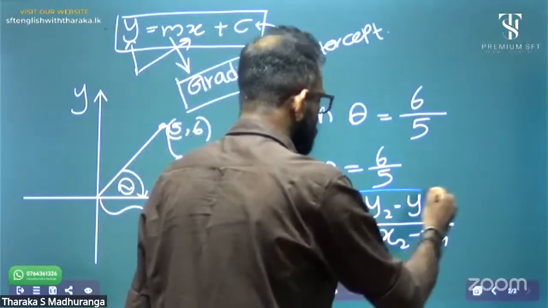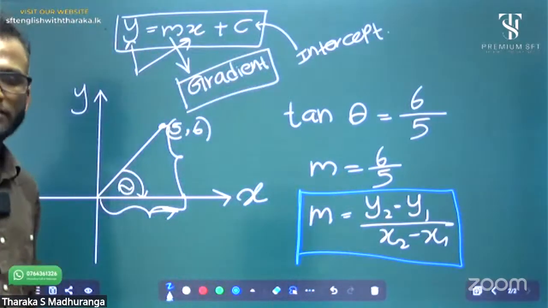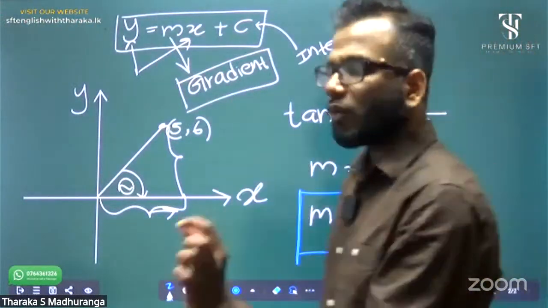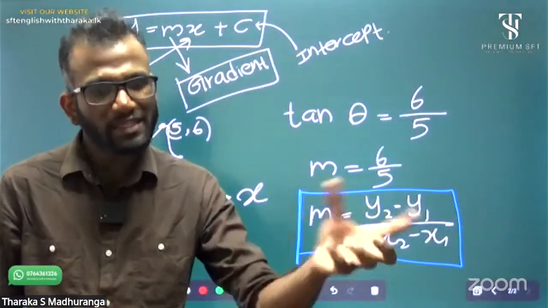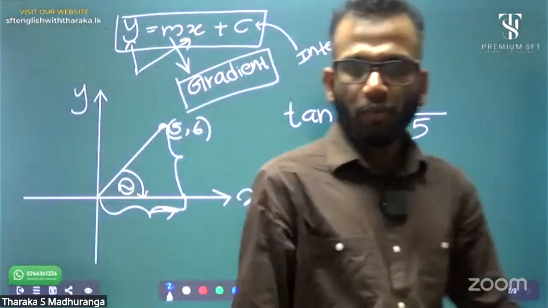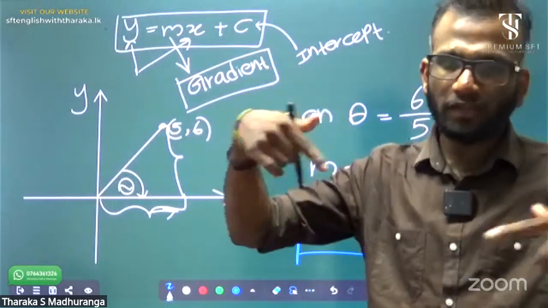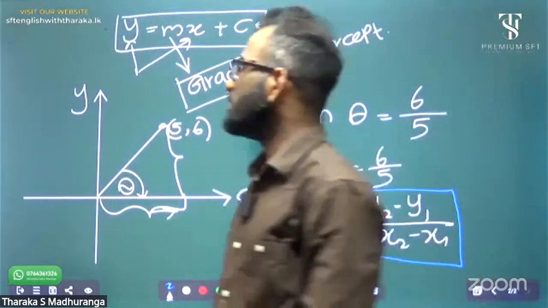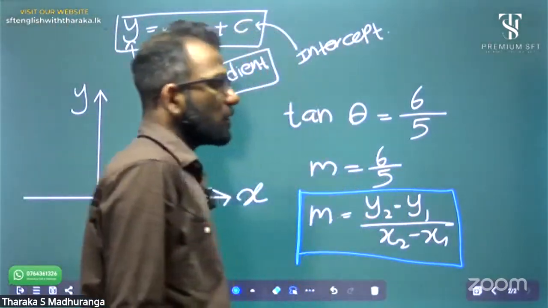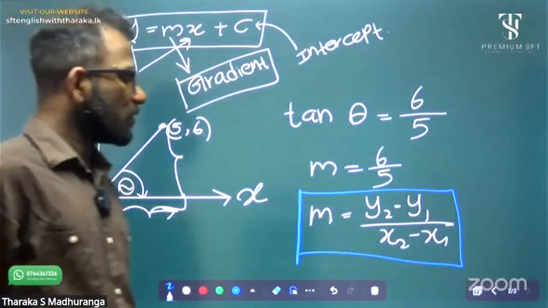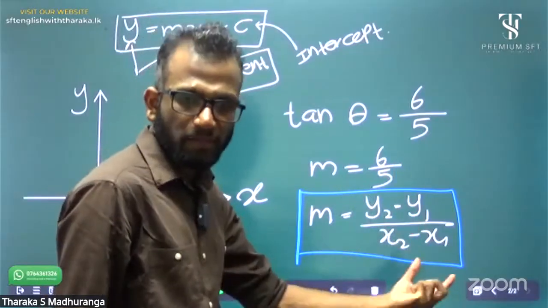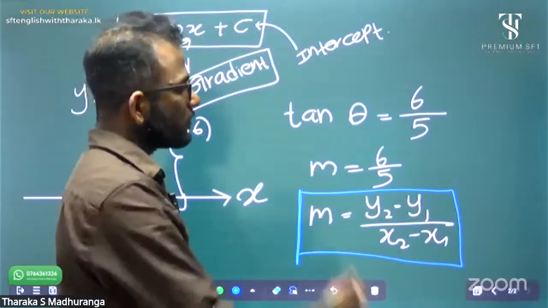That is, the y coordinate difference of any 2 points on the straight line divided by the x coordinate difference of those 2 points. Any 2 points are sufficient. If you have the coordinates of any 2 points, you can calculate the gradient. Okay, that's a short method.